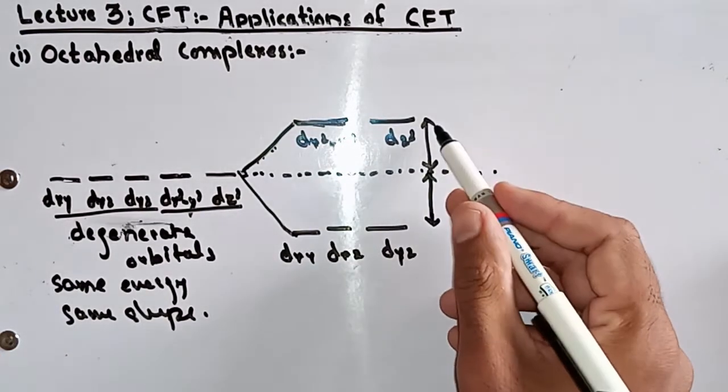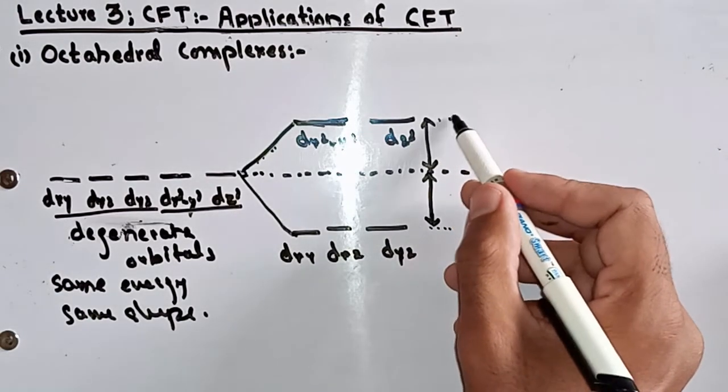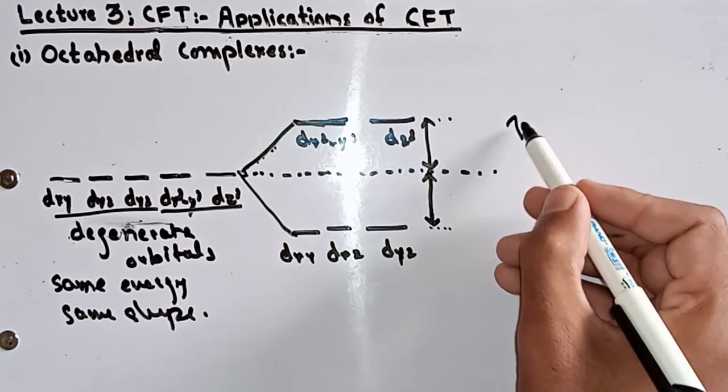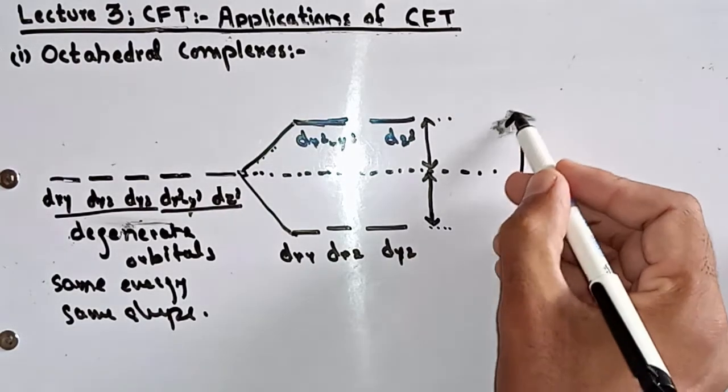The total energy means the total splitting, the energy from the t2g point to the eg point. The total energy will be equal to del naught.